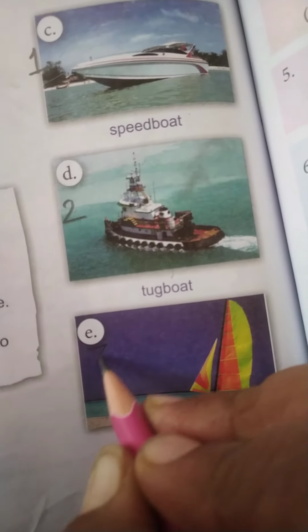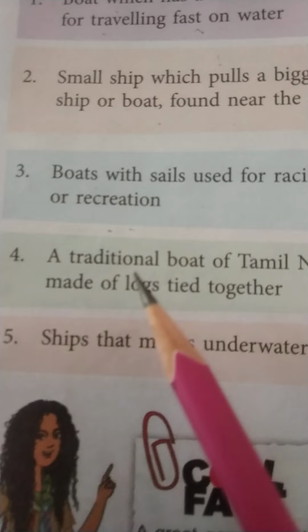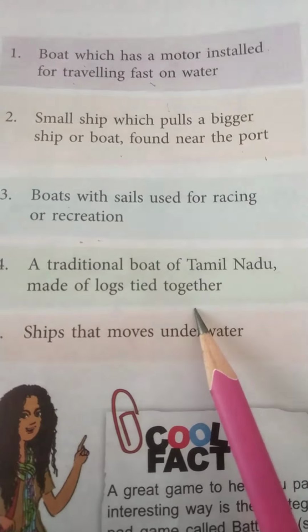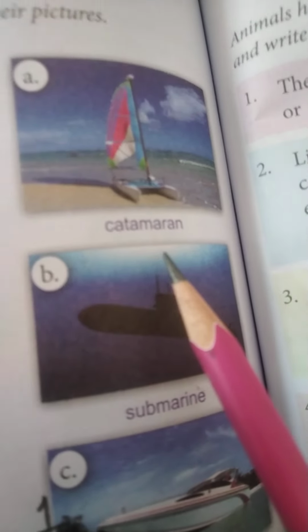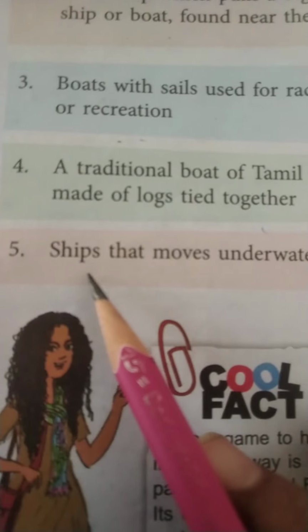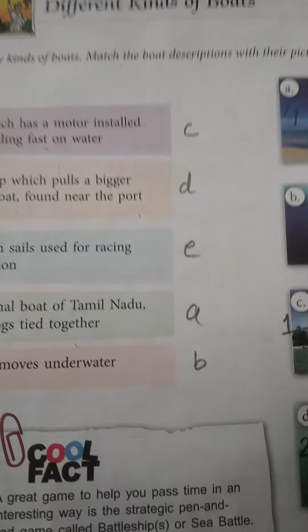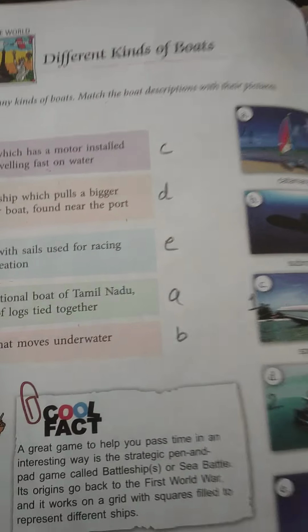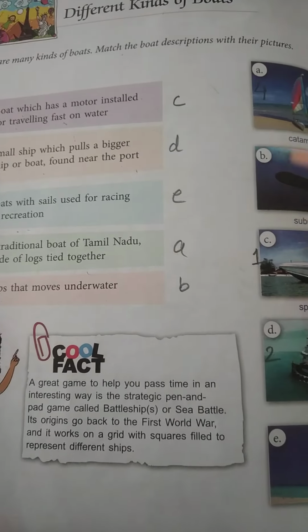So the answer is the third one. Fourth, a traditional boat of Tamil Nadu made of logs tied together. That is the catamaran. So this matches the fourth one. And the last is the ship that moves underwater. That matches with B. This is your answer number 5. So this is all about page number 70.